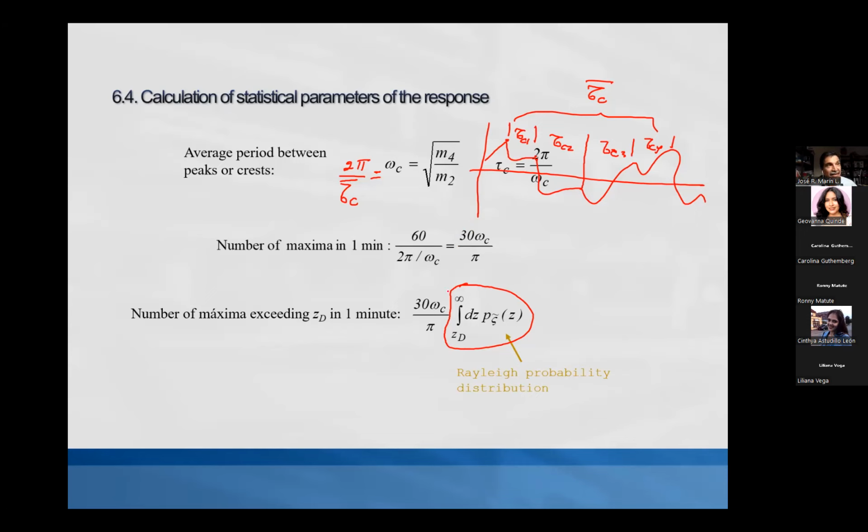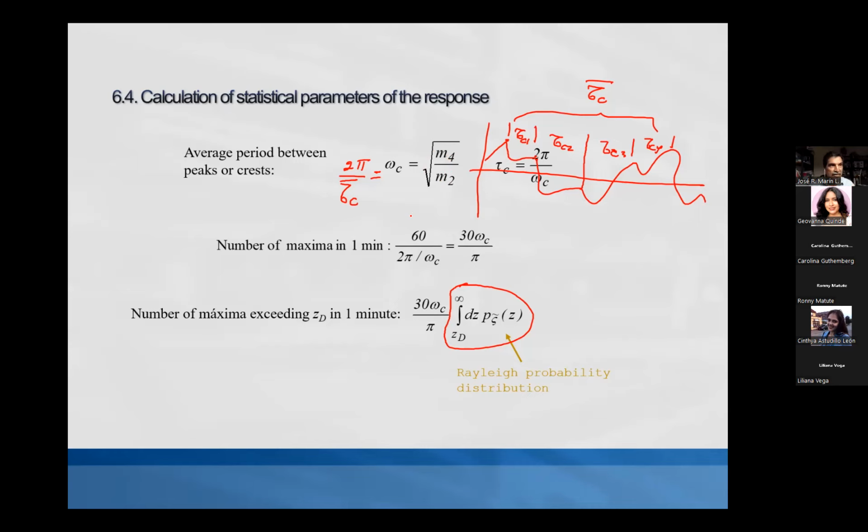Okay, it's quite useful, and all of that starts with the knowledge of the moments M2 and M4. So the square root of M4 divided by M2 gives you the average frequency between crests. Average.